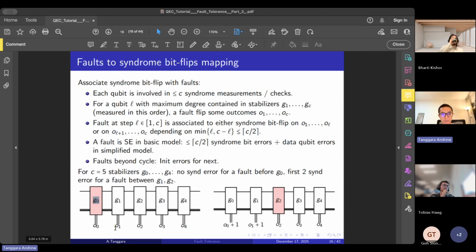So it's not really a bit flip, because the syndrome is out of the actual errors in G0.